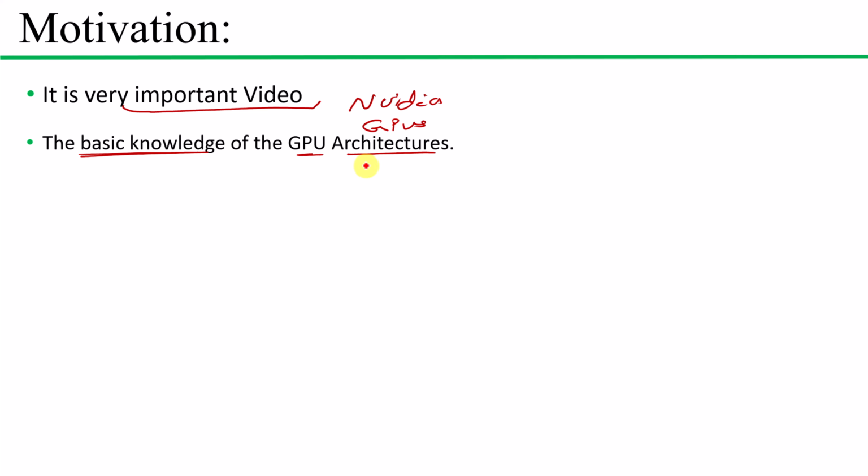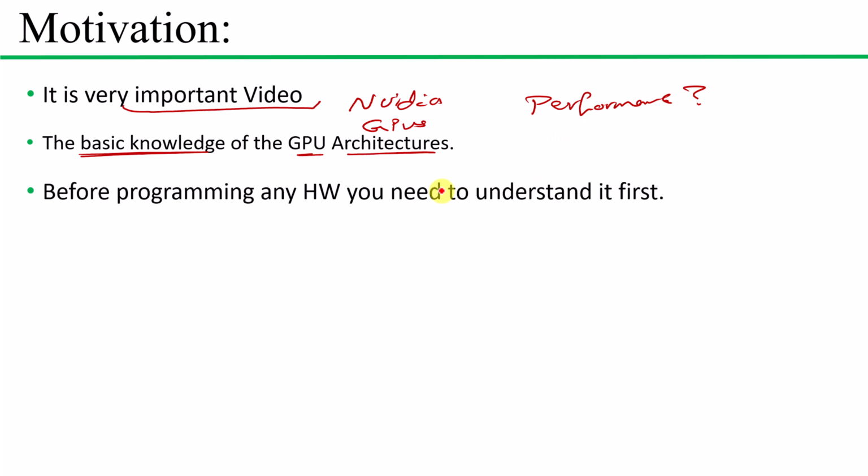Can't we simply write a code and run it on a GPU to get the optimal performance? Surprisingly, the answer is no. A good understanding of every unit and every segment within the GPU is required to maximize its performance.